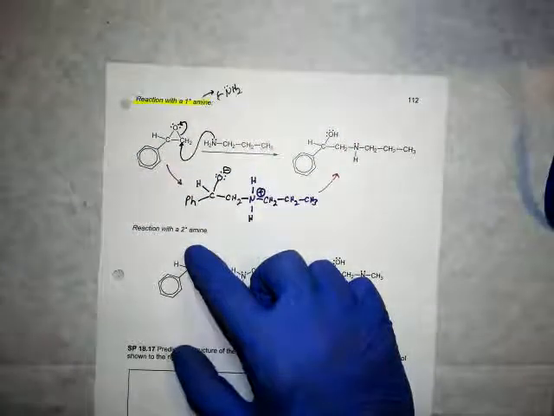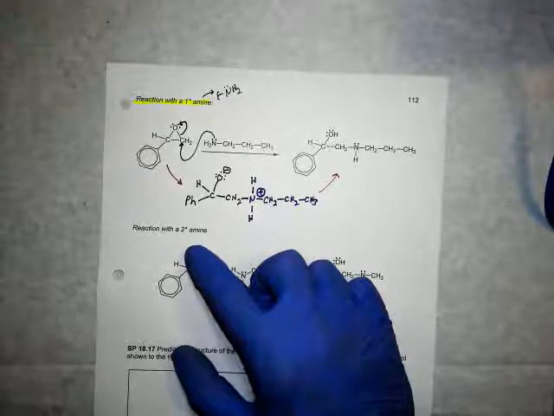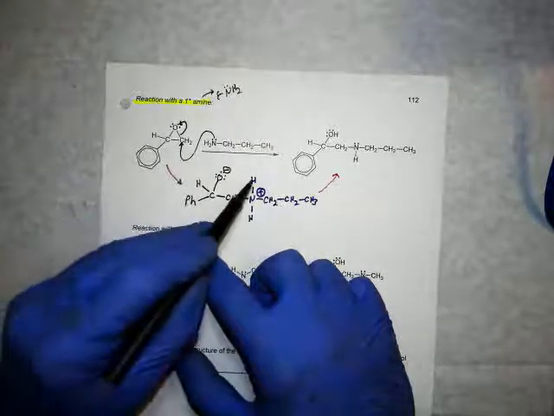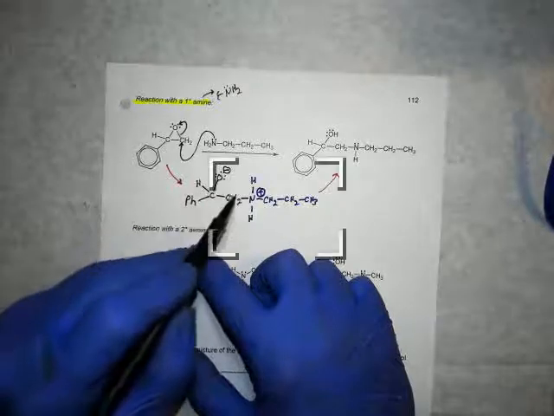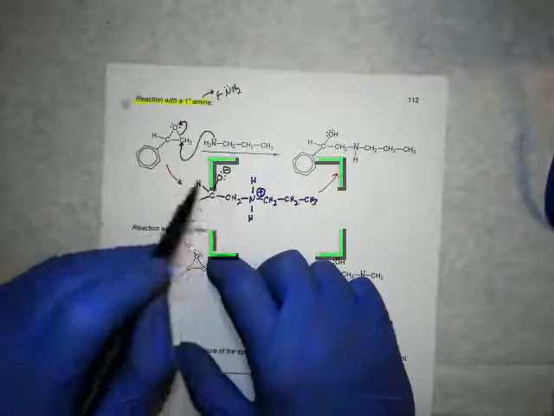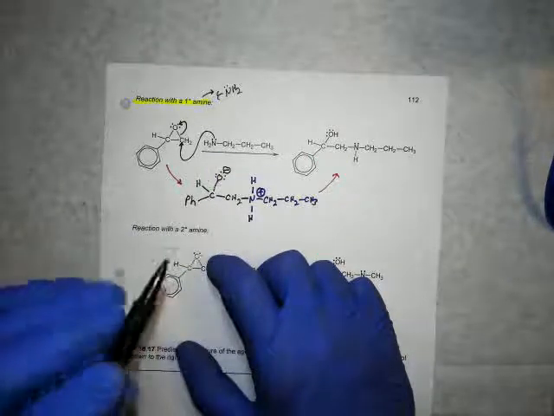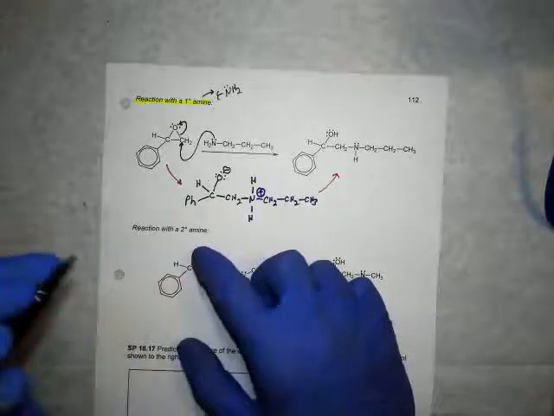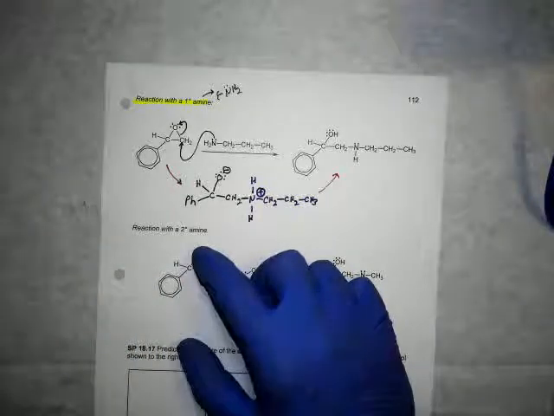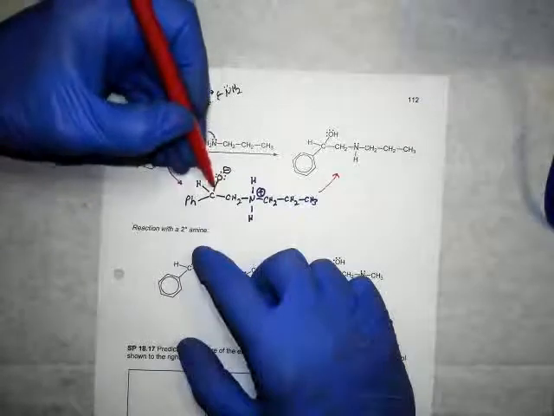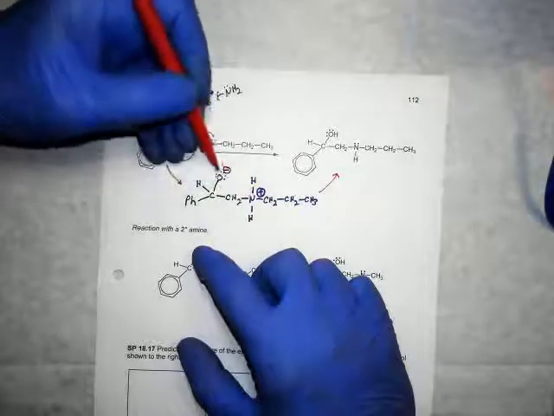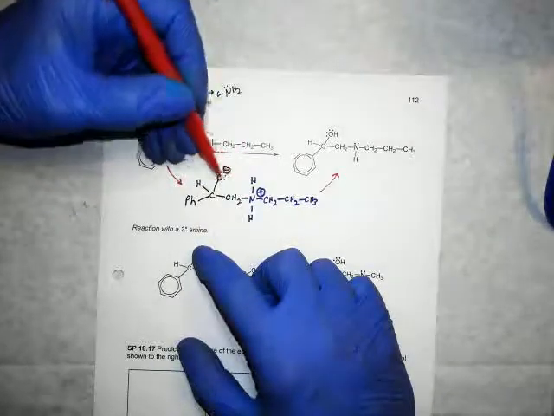Now, the last step is we need to get that proton from here to there. That can happen intermolecularly or intramolecularly. If we show this intramolecularly, it makes sense because look, we go from 1, 2, 3, 4, 5. In other words, they're not that far away, folks.